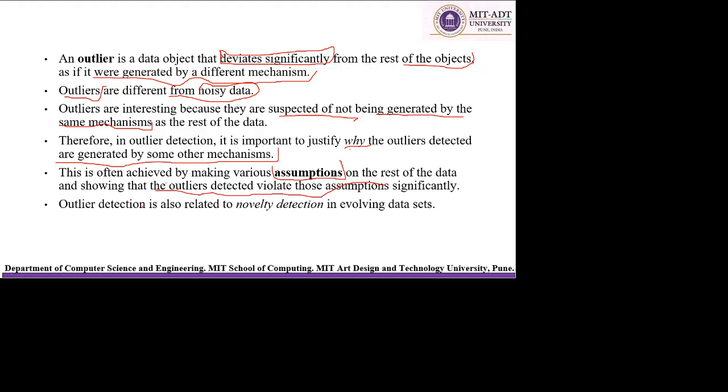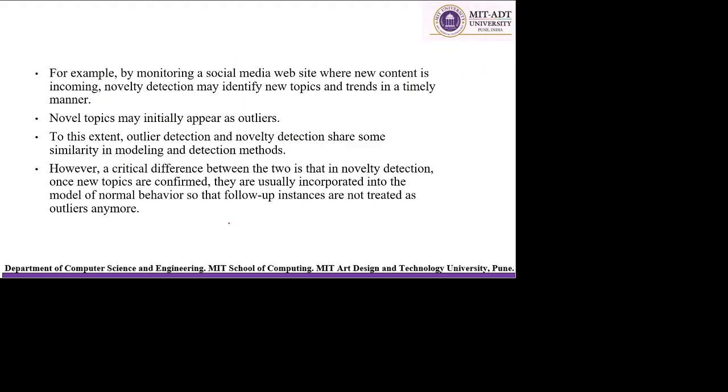So outlier detection is also related to novelty detection in evolving data sets. We cannot always look at an outlier as a noisy part or as not important. It may be used for novelty detection. You can modify the algorithms by using this outlier detection. For example, you are monitoring a social media website, and new content is coming continuously.